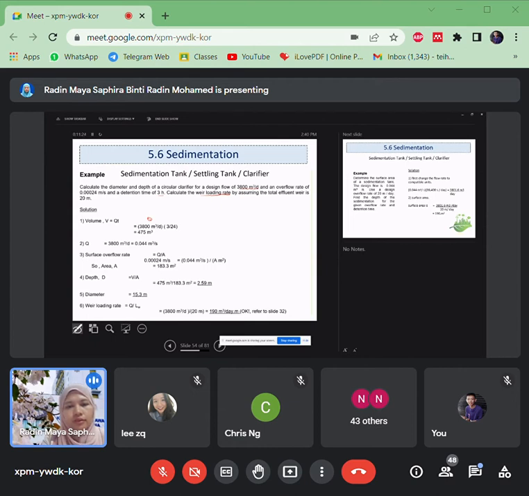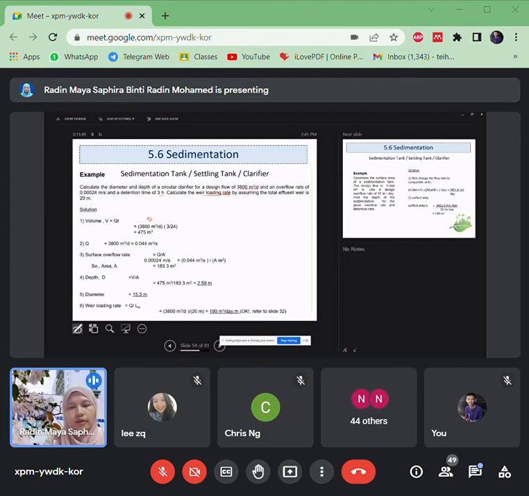So we get the volume is 475 meter cube. Q is 3,800, we convert it to seconds, 0.044, and then the surface overflow rate, 0.00024.